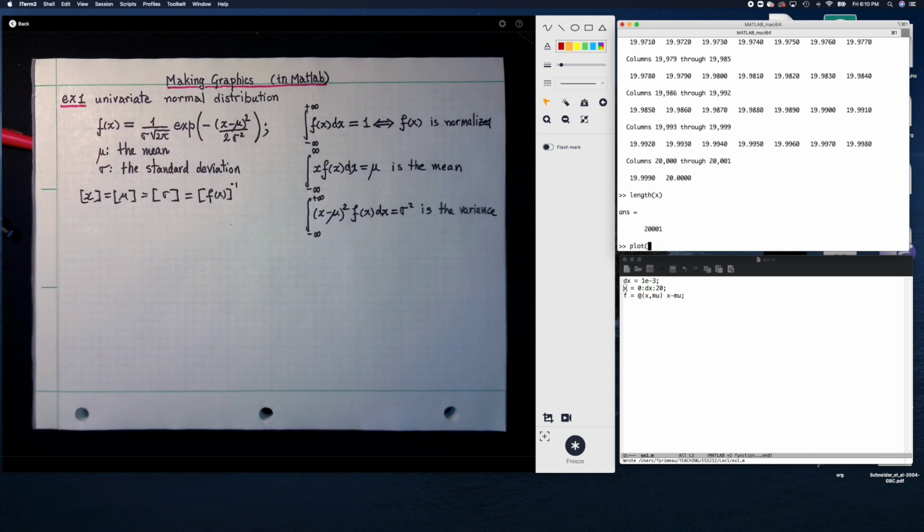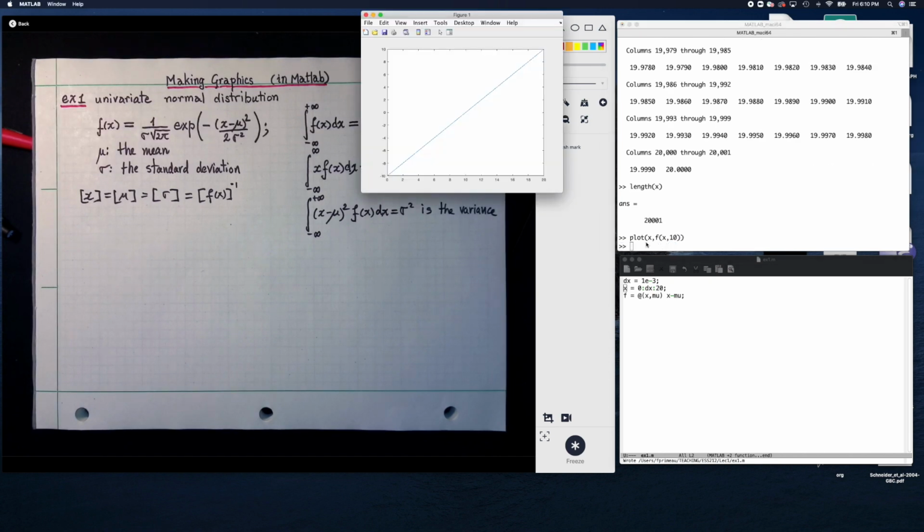So if I plot x versus f of x, and I pick a value for mu, so I'm going to pick 10 as the example I had before, I get the following. It's hard to see, so I'll make the plot a little bit nicer.